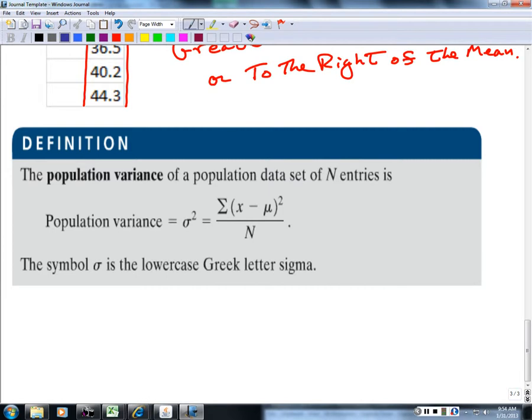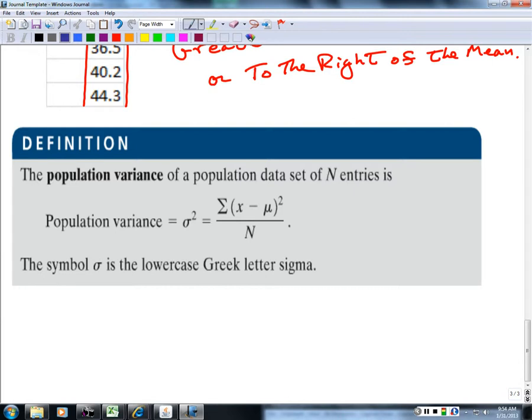Okay? This is the population variance of a population data set of big N entries, N being the total number of entries. The population variance is given by the lowercase Greek letter sigma, and it is squared. So we call it sigma squared. The variance is sigma squared, and that's equal to the capital Greek letter sigma, the summation of x minus mu quantity squared.